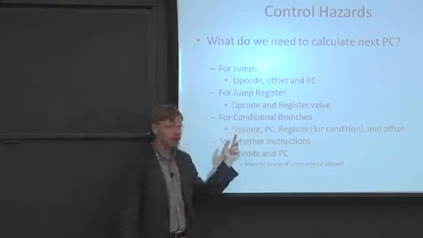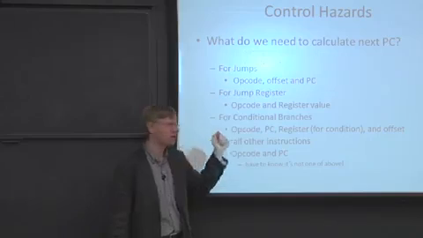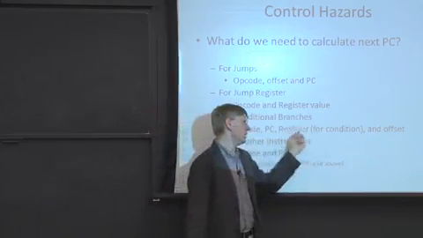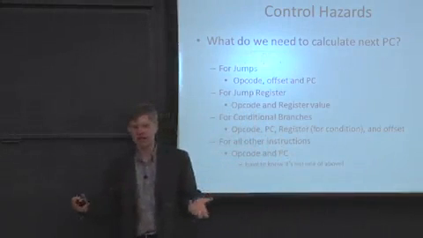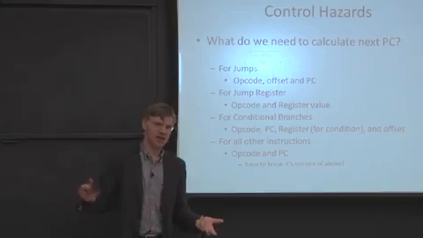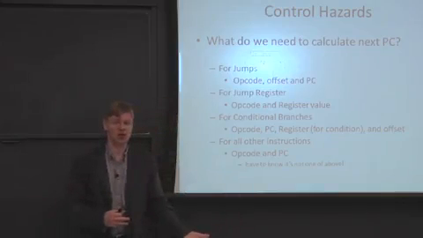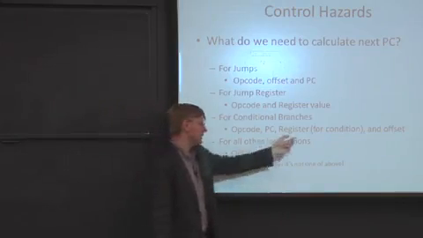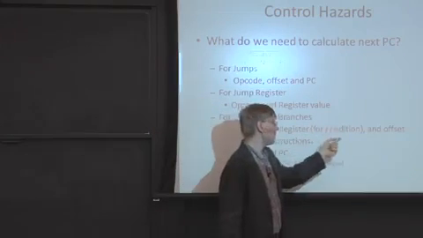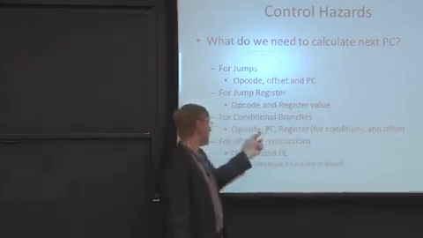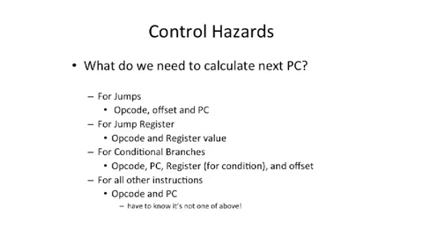Conditional branches, now things start to get a little more complicated. We need to look at the opcode. We need to look at the current program counter. We need to go look at the register, which is going to give us the condition. So we're branching based on whether some value is, let's say, greater than or less than 0. OK, so we need to go look at that. But we don't really know that until quite a bit farther down the pipe. And we also need to take the offset and add it to the program counter when we do a PC relative conditional branch. That's how it's defined in MIPS.